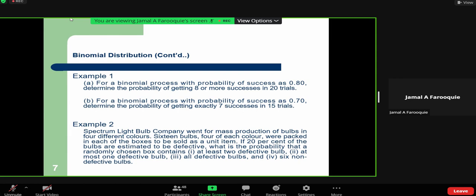I don't know about your table because there are two types of table, up to 0.5 or up to 1. In that case you will be reading it from bottom to top. I don't know which table you have, but the table that I have has p values up to 0.5.